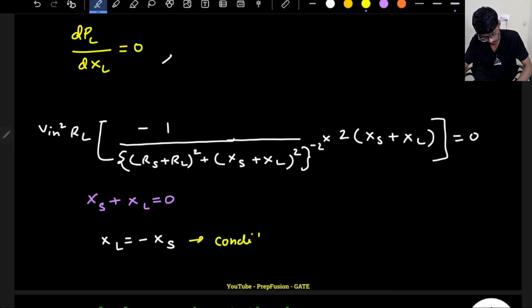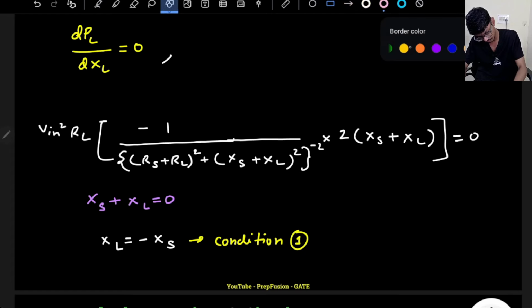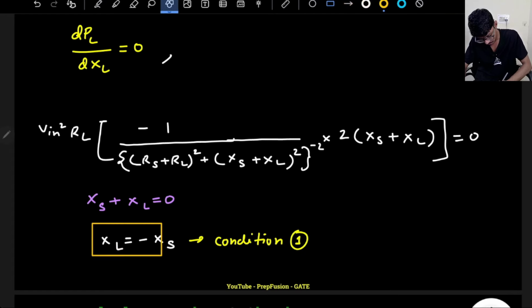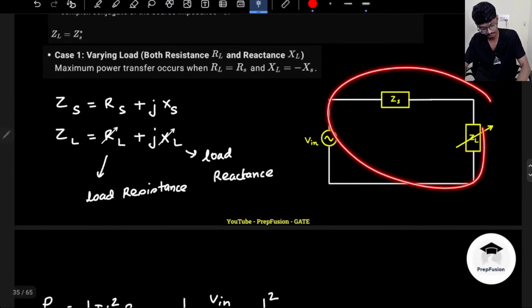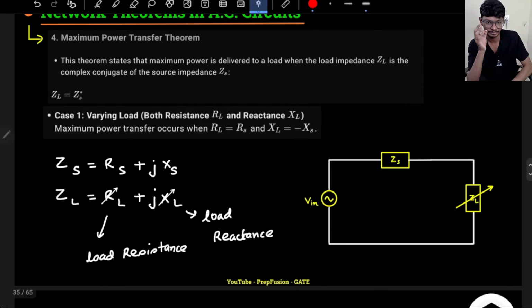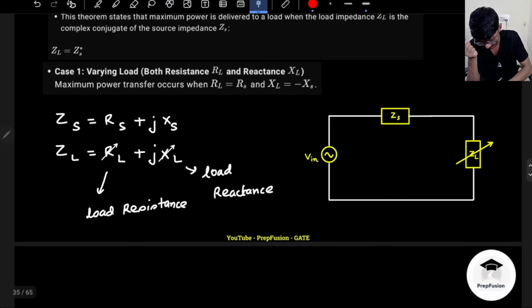And intuitively, can we understand this? There are two conditions here. This is the first condition. Intuitively this makes sense. Why does it make sense? Because if you see, this is my equivalent circuit. Now mainly, what does power depend on? One is RL, another one is the magnitude of current I. So what is I?